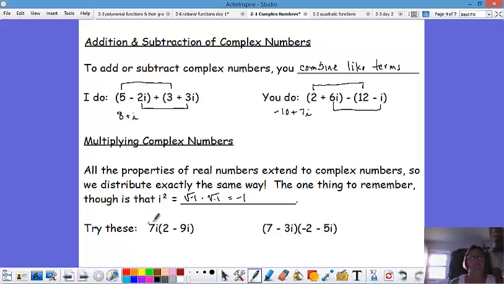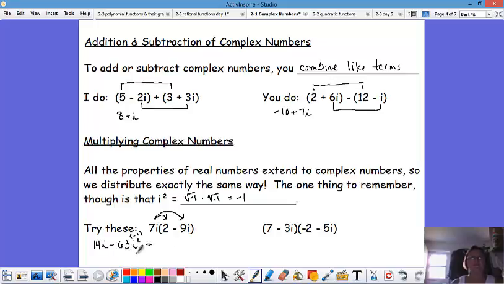Let's try this one. We have a distribution. So that 7i has to be distributed to both places. 7i times 2 would be 14i. And then we have 7i times 9i, and that was negative. So minus 63i squared. We're not quite done yet, because that i squared has the same value as -1. I'm going to just put that in parentheses up there. That means -1.